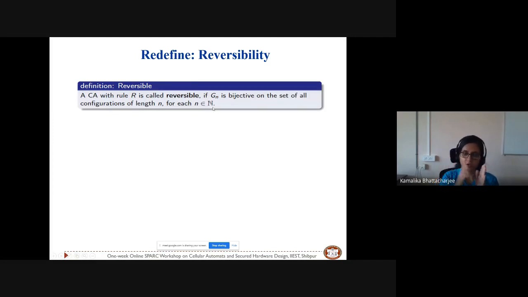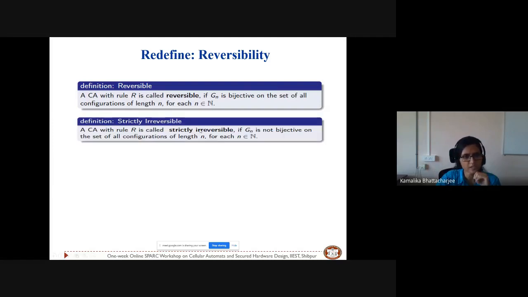So if for all n Gn is bijective, we call that CA with the same rule reversible for infinite. Now, strictly irreversible: when Gn is not bijective for each n, then we call that CA strictly irreversible. So these strictly irreversible CAs are going to be irreversible for infinite CA.